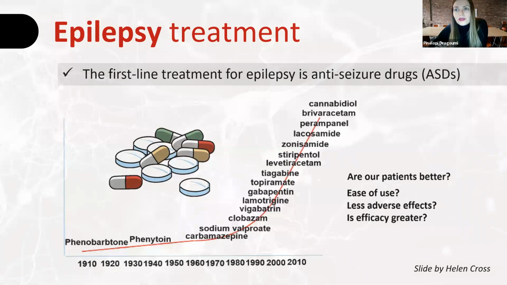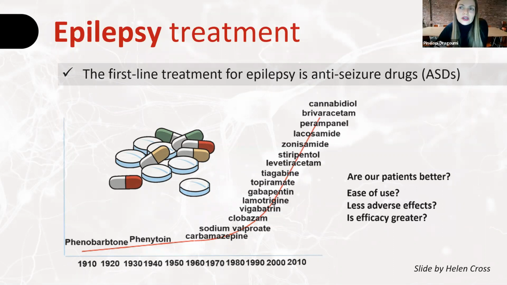You know that in the last decades we have had the advance of a lot of new anti-epileptic, anti-seizure medications. Some of them are based on previous medications. Some of them are new. But the question, and this slide is borrowed from Professor Helen Cross, is: have anti-seizure medications improved our patients' lives?